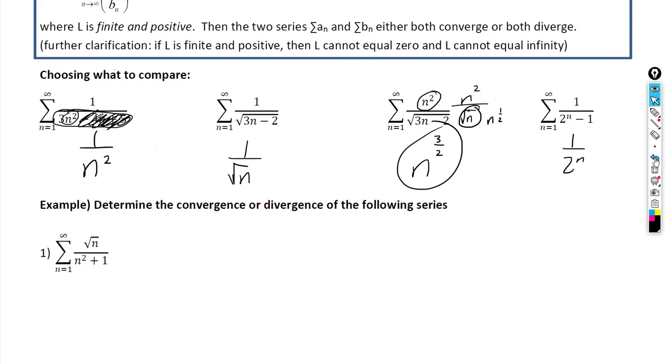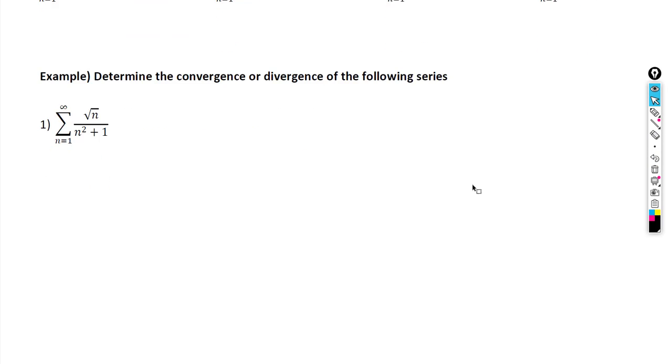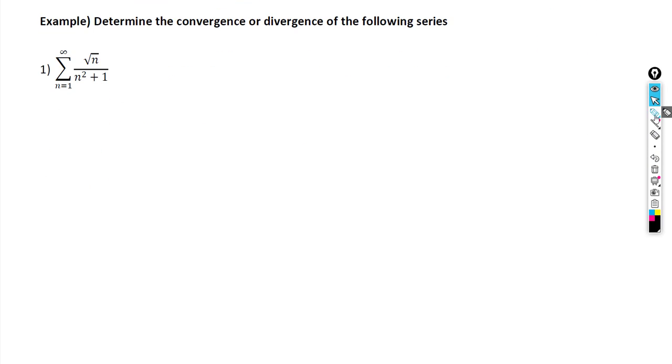So let's get into some examples now of how we can actually use the limit comparison test. We need to find a fraction that is easily compared to this. So I can probably compare this to the square root of n over n squared. This plus 1 here is arbitrary.